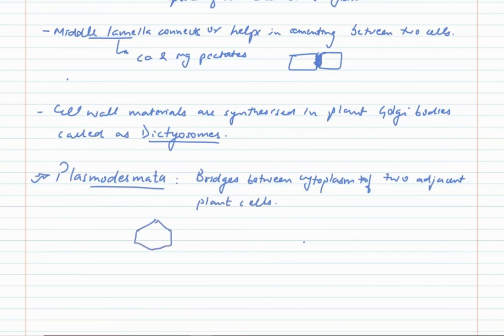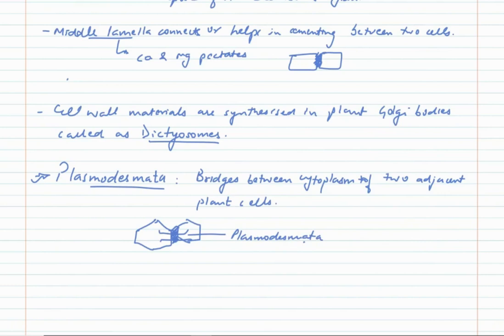For example, if this is a plant cell and this is another plant cell, between them will be present middle lamella. This middle lamella does not allow easy transfer of substances between two plant cells. So between these two cells there is presence of these intracytoplasmic bridges, which are known as plasmodesmata.